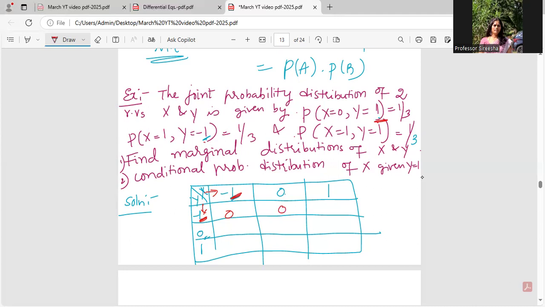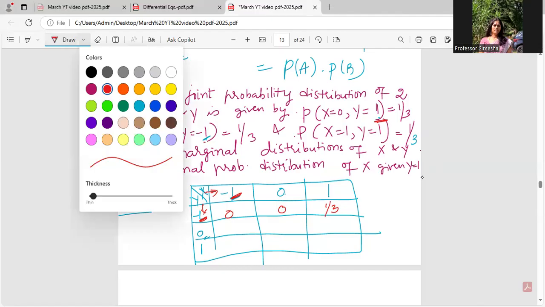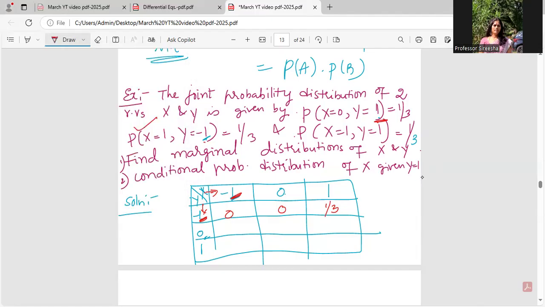Now, similarly, again, come towards my row. X is equal to 1 and y is equal to -1. Is there a value? Yes, there is a value. That is 1 by 3. So I'm writing it here. Next, similarly, I'll be checking the remaining rows. Row-wise, x is -1 and y is equal to 0.